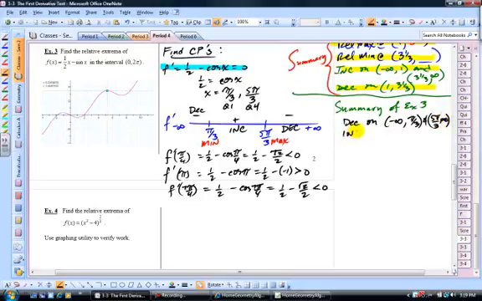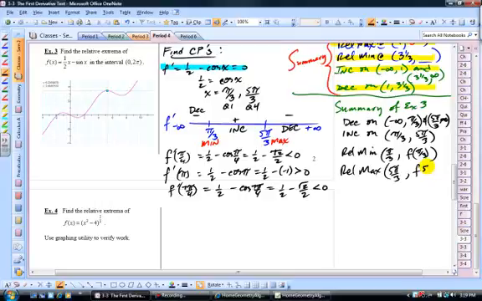And then we have increasing on the interval between the two, from pi thirds to 5 pi thirds. And then we have a relative min at pi thirds comma f of pi thirds, and a relative max at 5 pi thirds comma f of 5 pi thirds.